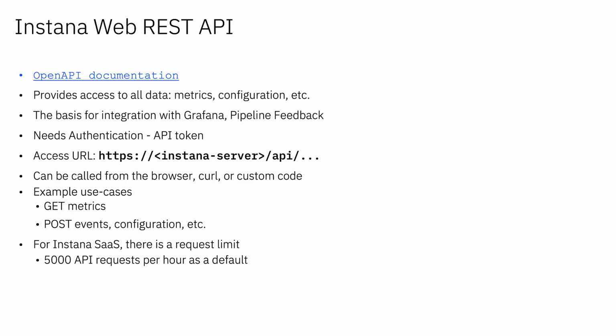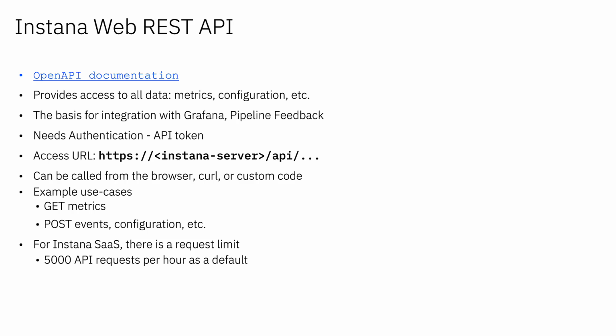The most common use cases for this integration is getting the data that Instana collected out, like the metrics, or posting things, posting events, posting configurations. So creating, for example, the application perspectives when something new is deployed, rather than having somebody click through the UI to create it, you can use this REST API to create an application perspective.